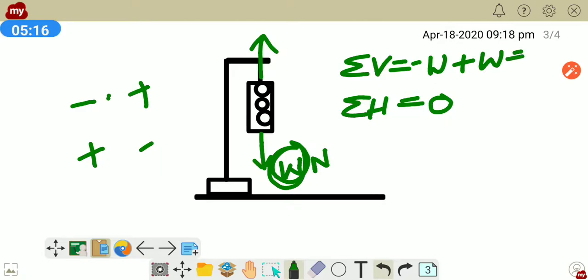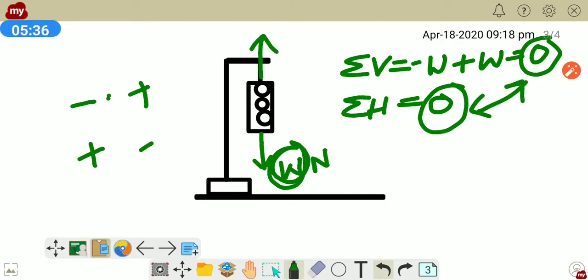It will be 0. Here you can see the horizontal forces are 0, and vertical forces are also 0. This is the condition at which we can conclude that no force is acting on the body, since both the horizontal and vertical forces are 0.